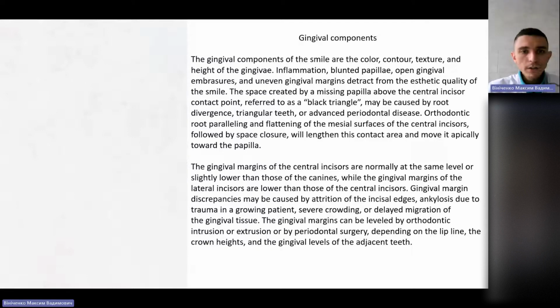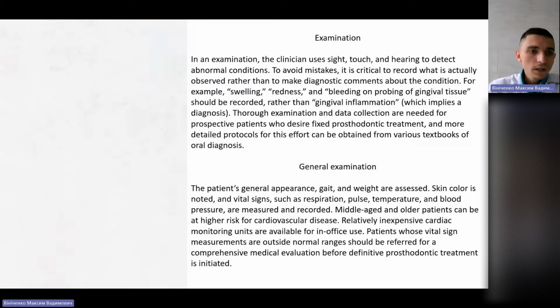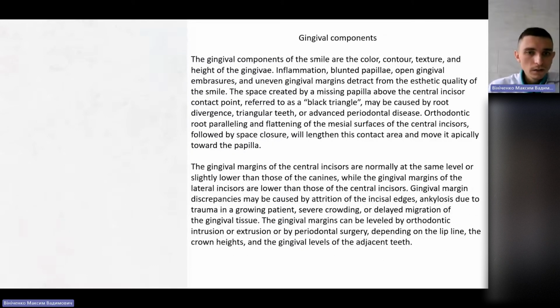The gingival margins can be leveled by orthodontic intrusion or extrusion or by periodontal surgery, depending on the lip line, the crown height, and the gingival levels of the adjacent teeth.